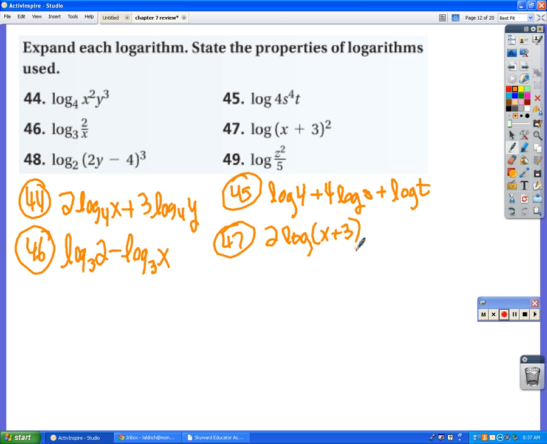Okay, 48, same deal. Looks like there's a lot that you can do with it, but there's not. Put the 3 in front. Log base 2, 2y minus 4.